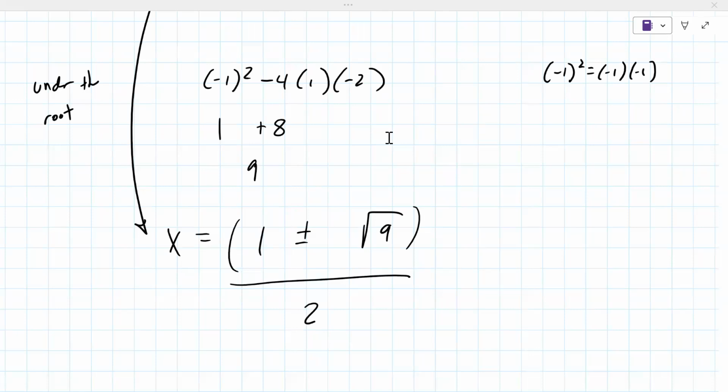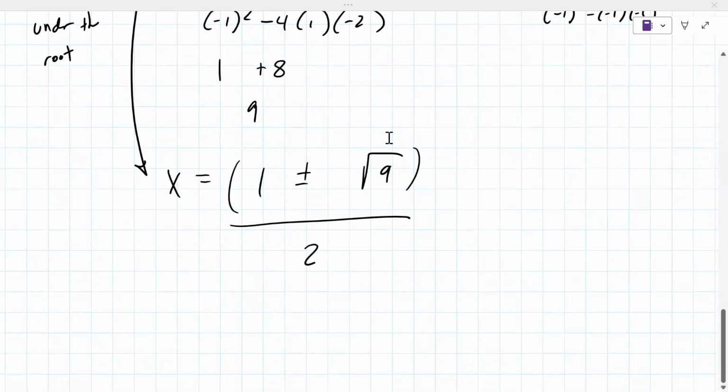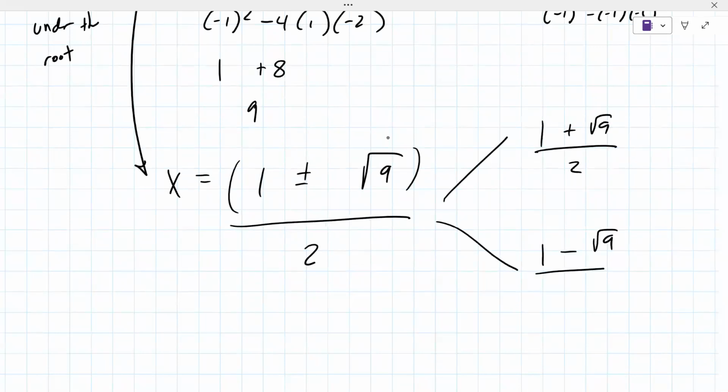What I was trying to show you here is that it's really two different problems. It's 1 plus the square root of 9 over 2, and 1 minus the square root of 9 over 2. But you have to evaluate the top and the bottom. You have to evaluate the top first, then divide. So could you simplify this for us, please?